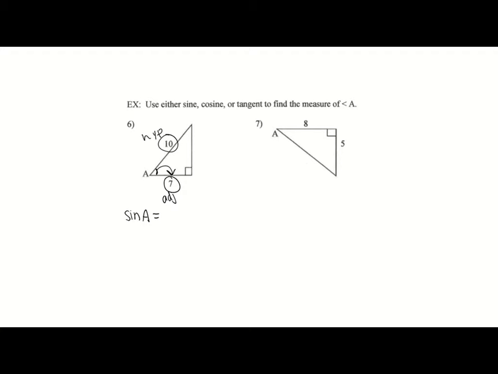If I have hypotenuse and adjacent, adjacent over hypotenuse is going to be cosine. So when I have my adjacent 7 divided by my hypotenuse, that's going to give me 0.7.